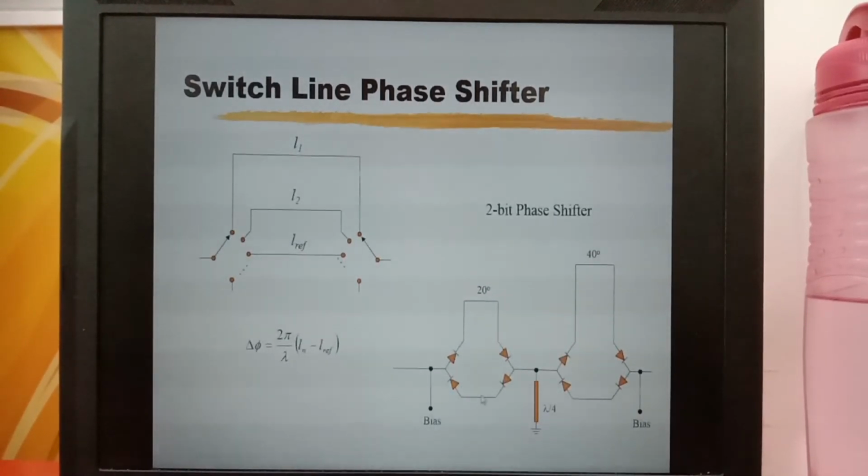So if this transmission line and this transmission line are selected, we have the lowest phase shift.